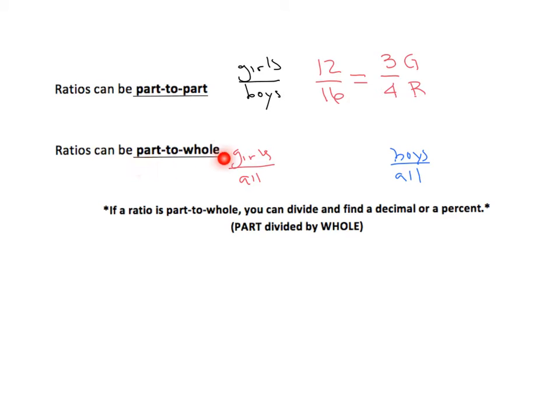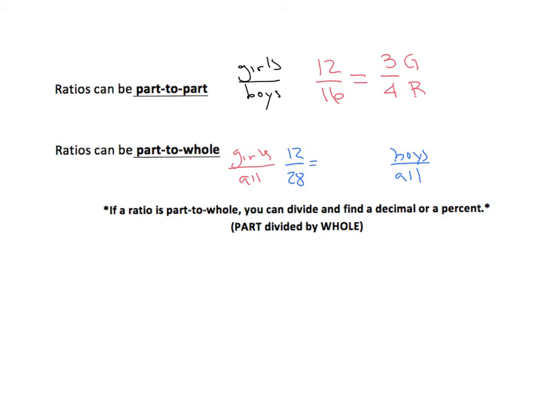And ratios can also be written as part to whole, okay? So we have to do a little bit more math work there. We'd have to add up 12 plus 16 to figure out the total number of students. So we would have a fraction for girls overall to be 12 over 28.